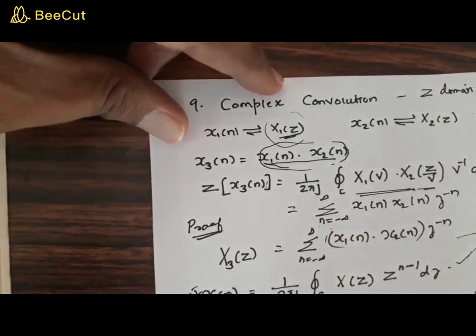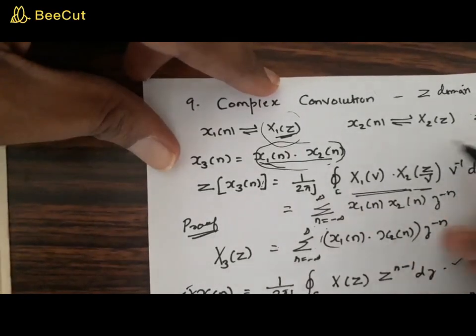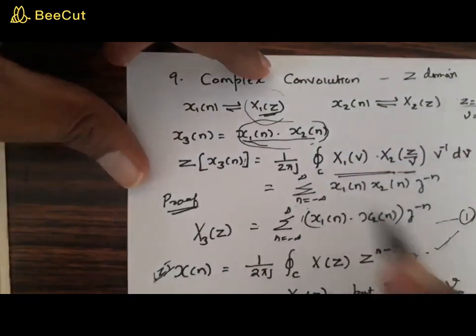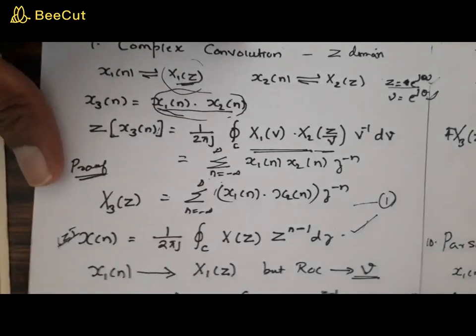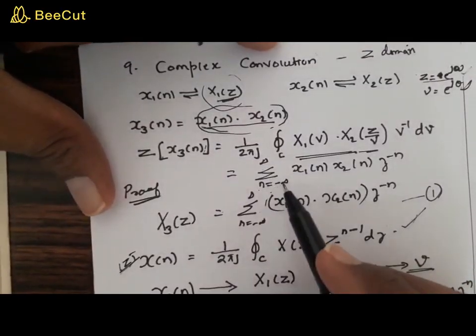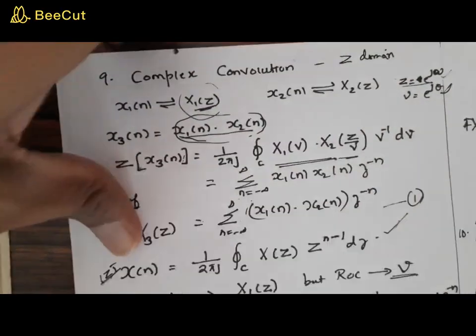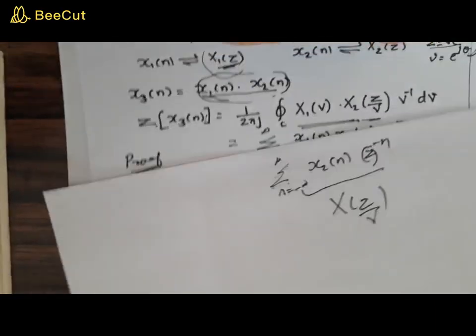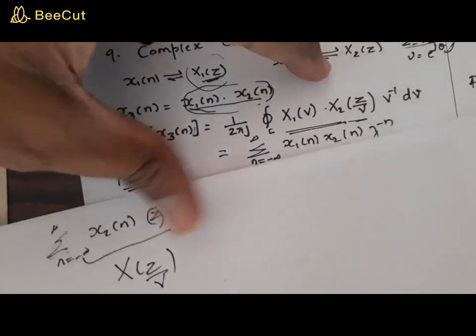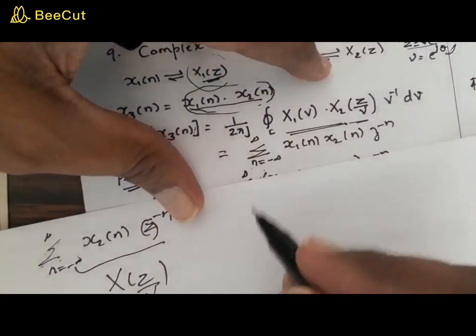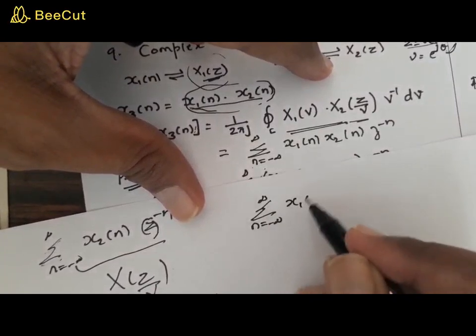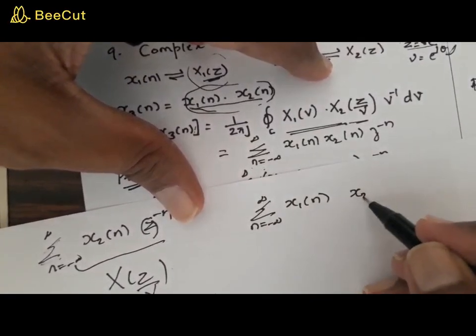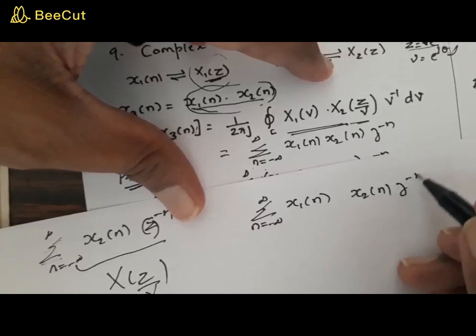If this is equal to this, we will start from this. Look here: this expression is actually equal to sigma n equal to minus infinity to plus infinity x1 of n into x2 of n into z raised to minus n.